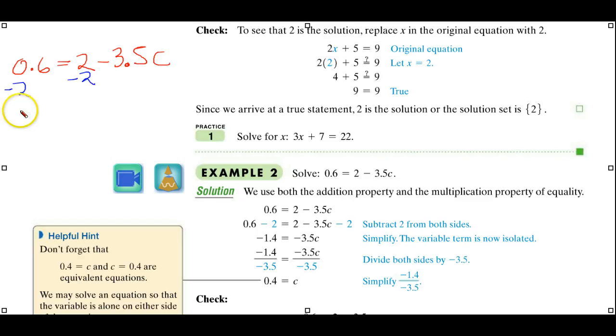And here I get 1.4 equals a negative 3.5c. Now, in order to get the c by itself, I divide by the numerical coefficient of that term, which is a negative 3.5.